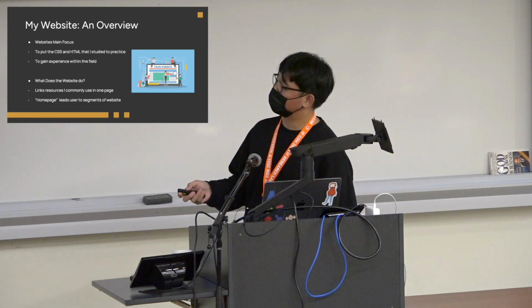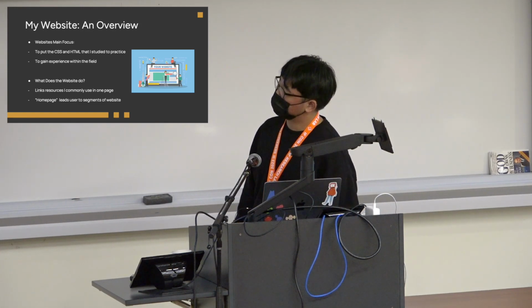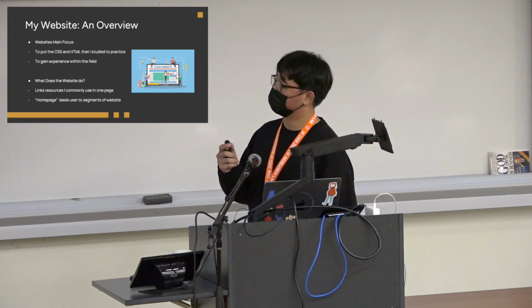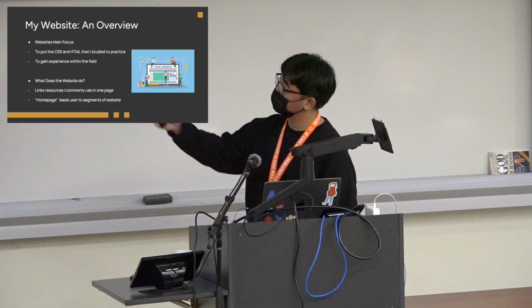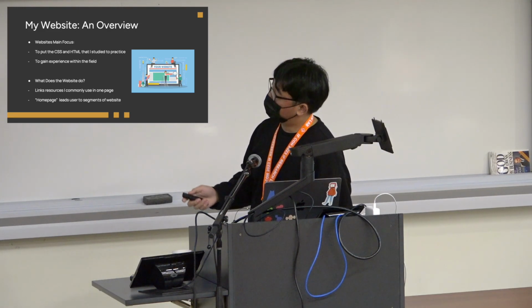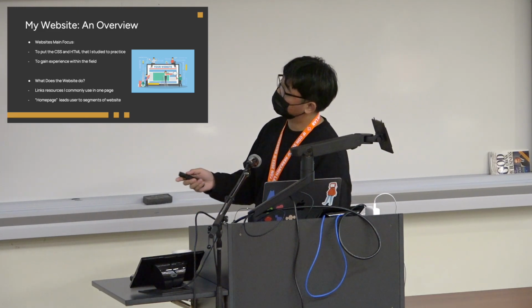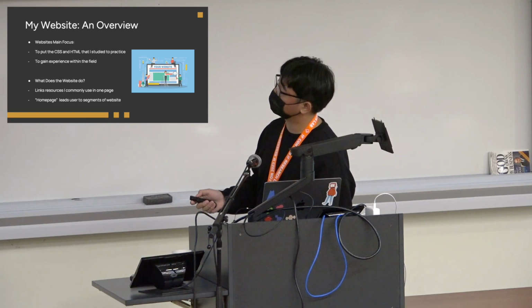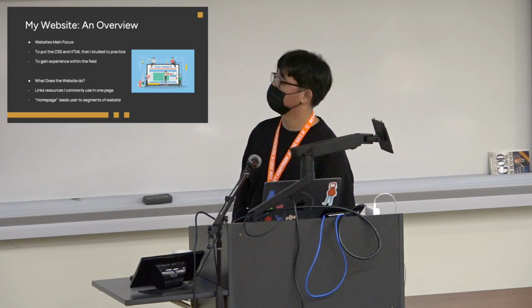And what does the website actually do? So first off, it has a home page that leads users to other segments of the website. That was the first part of the video that you all saw. The second page links resources I commonly use in one page.